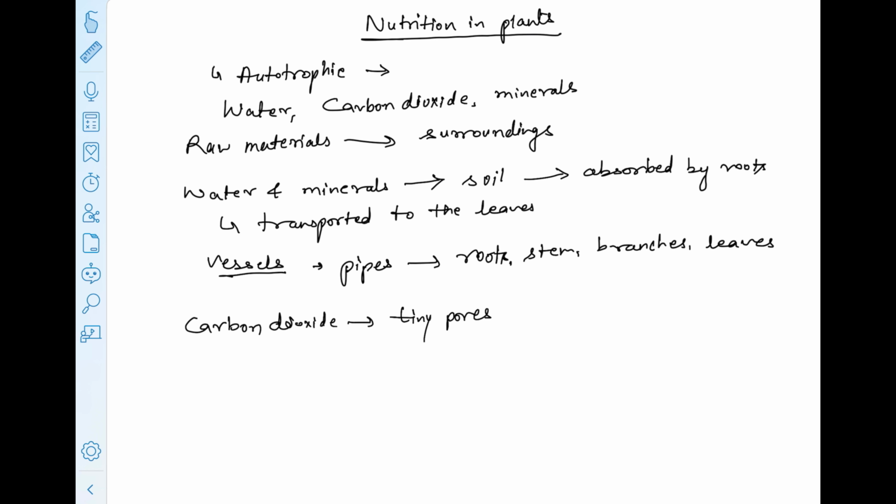Plants, especially leaves, have tiny pores on the surface of leaves. These pores are known as stomata, which we are going to discuss later. And they are surrounded by guard cells.